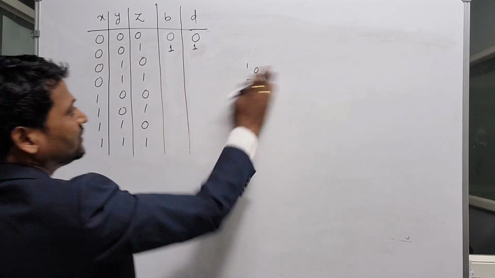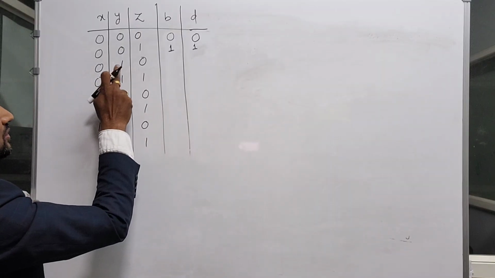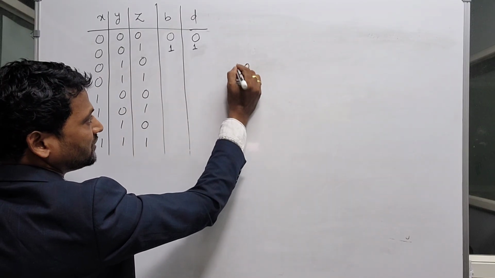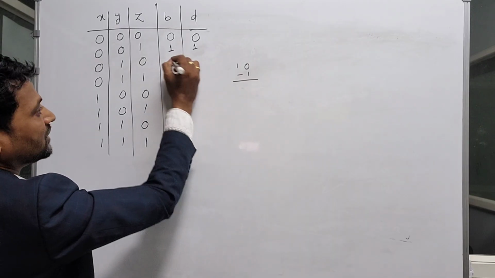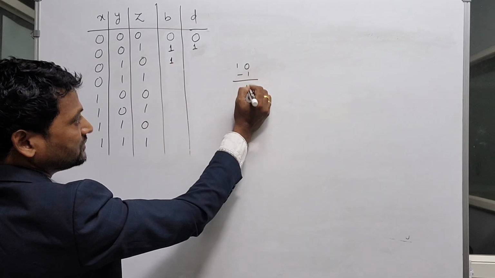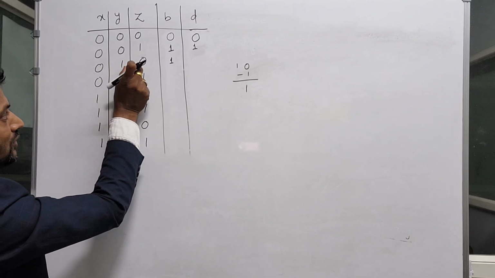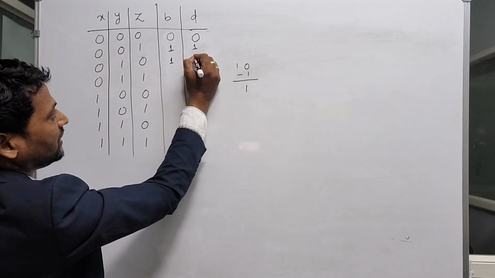Okay. Coming to the third one, 0 1 0, look, 0 minus 1 is not possible, you have to take one borrow. So borrow is 1 and your answer is 1. That means difference is 1, you are getting it from this side only. Again 1 minus 0 is 1.